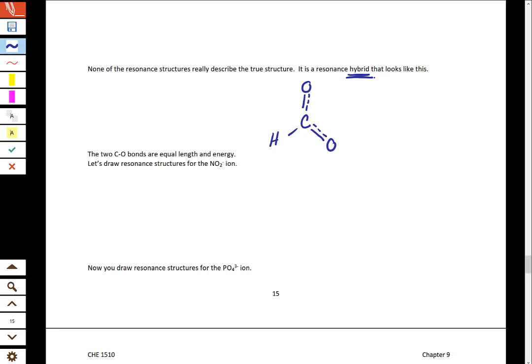One of the things that you're going to notice about the resonance hybrid is that it has dashed bonds. This is describing a partial bond. And the other thing is it leaves off lone pairs.